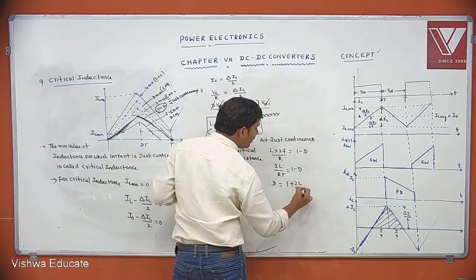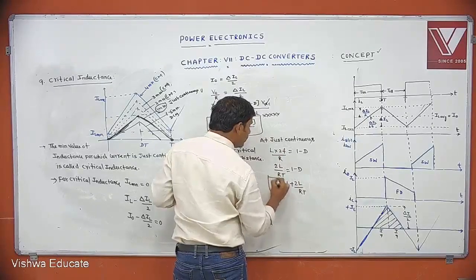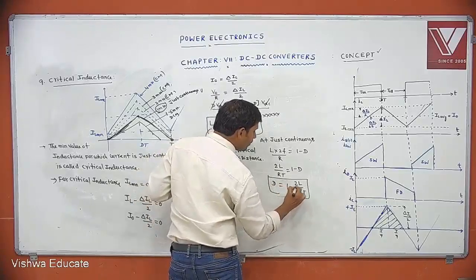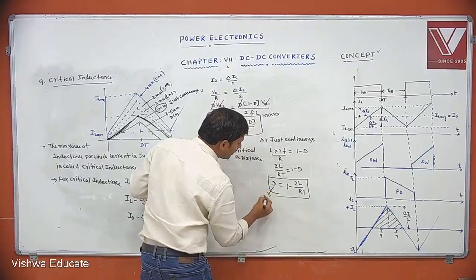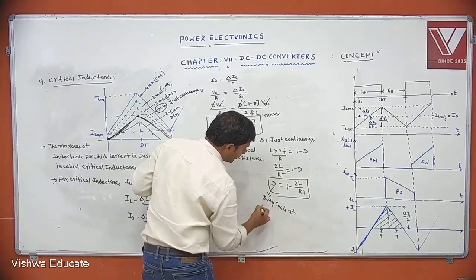D equals 1 minus 2L by RT. This is the duty cycle at the boundary.